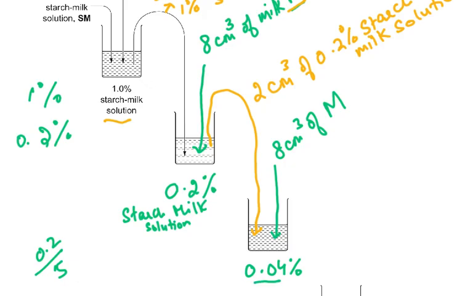So you have again taken 2 centimeter cube of the 0.2% and then you've added 8 centimeter cube of M. And now this will become 0.04%. 0.04, not 0.4. Please remember 0.4 is more than 0.2. I know your maths is very bad, but mine is even worse than yours.